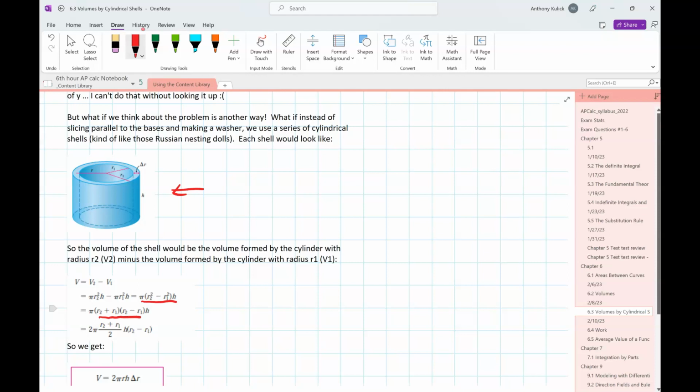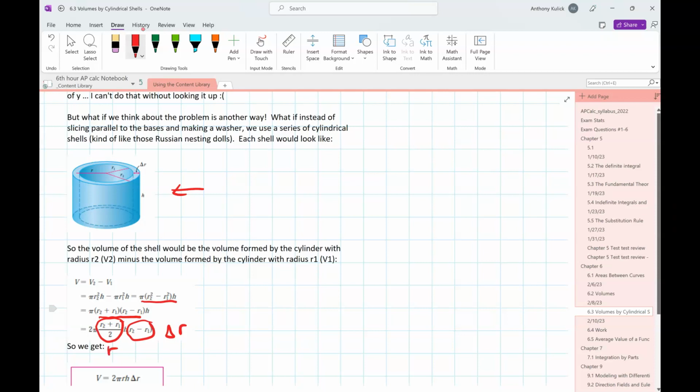I'm going to call R2 minus R1 delta R. And R2 plus R1 divided by 2 is the average of those two radii.